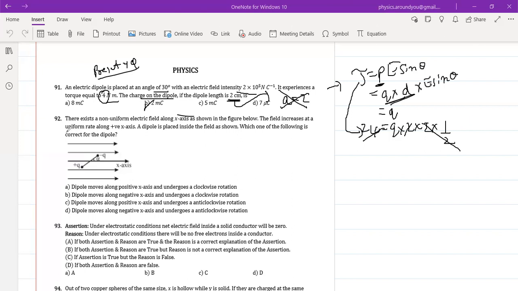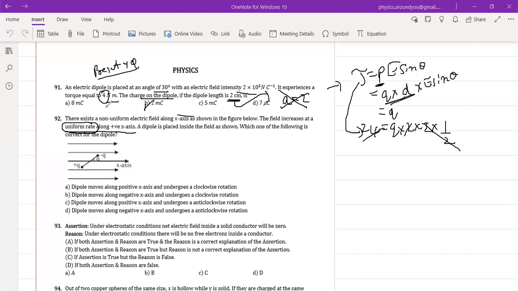Second one. The field increases at a uniform rate along the positive x-axis, topic dipole once again, and the force experienced by a dipole in a non-uniform electric field. Why? Since the field is increasing at a uniform rate, the field is not a constant.